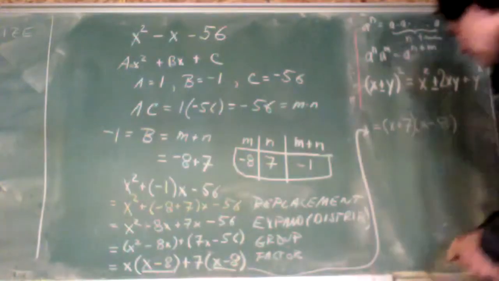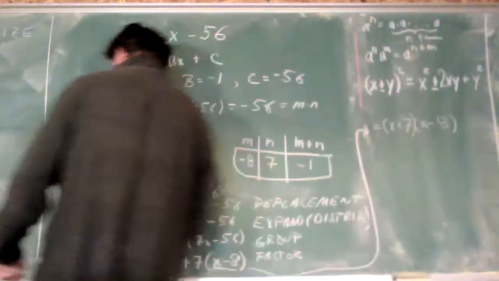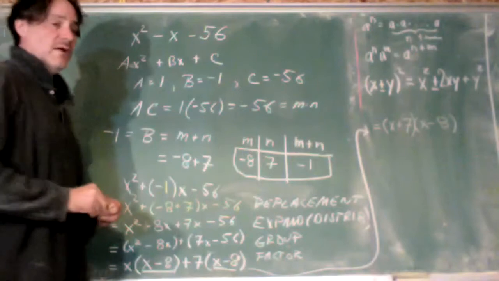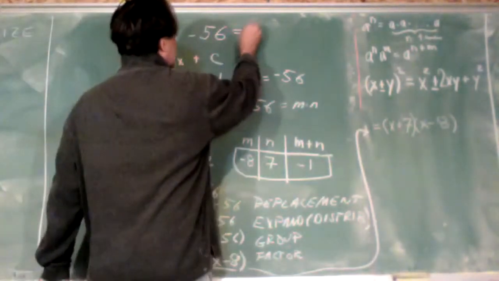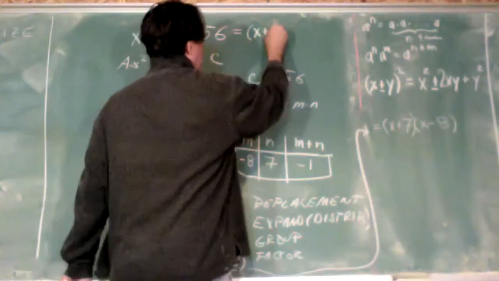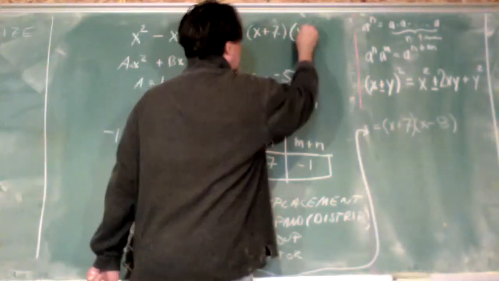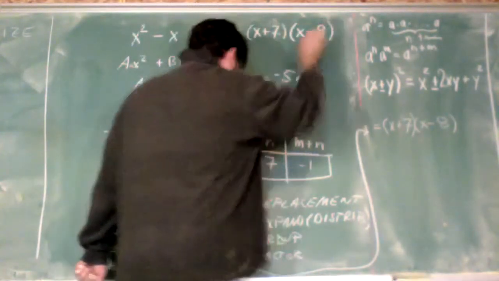And so, in fact, many of you had probably seen at the very beginning, yeah, Joe, we see it factors as X plus 7, X minus 8.